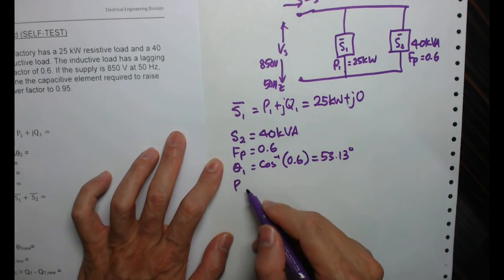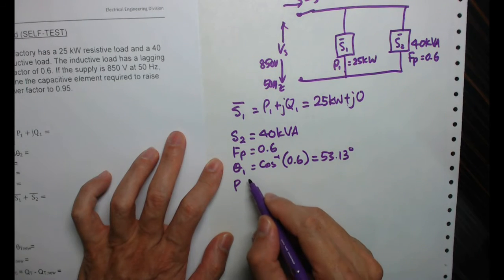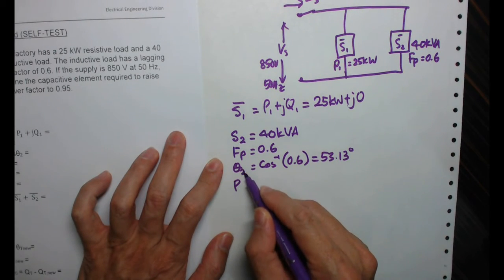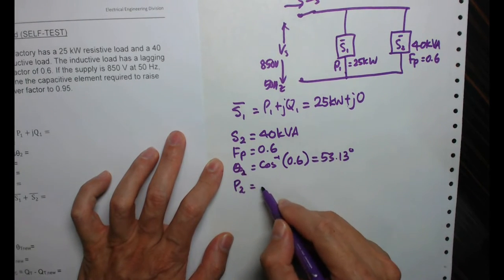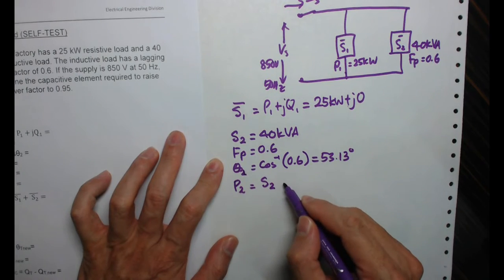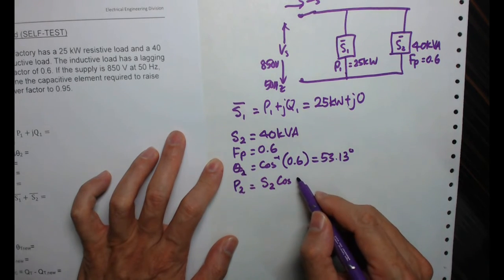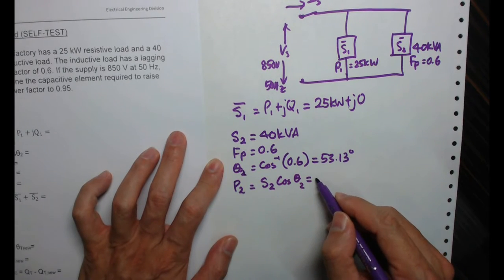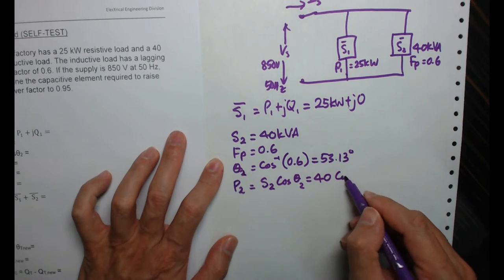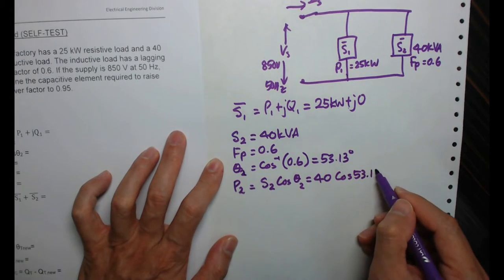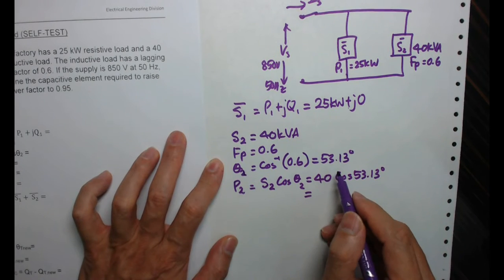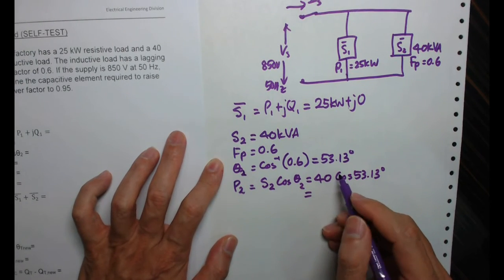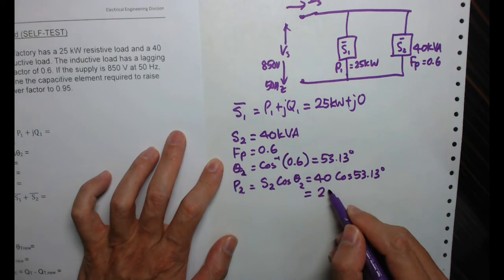So P2 will be S2 cosine theta 2, that is 40 cosine 53.13, that gives you 24 kilowatt.